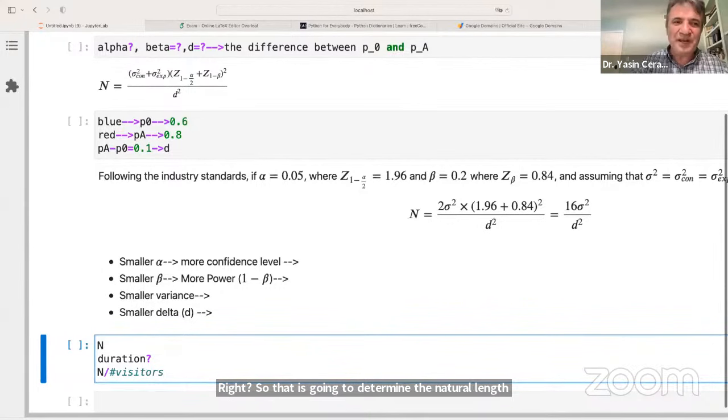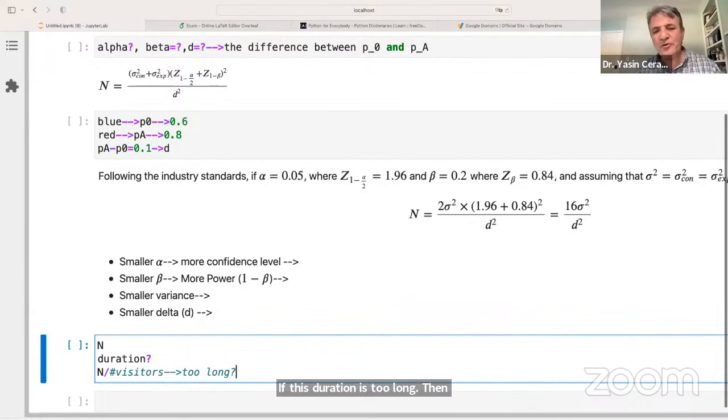If this duration is too long, you are going to lose the impact of the experiment, because people get accustomed to the change, so you will not see the impact clearly. If the length is too long and your number of visitors is limited, then maybe you should go back, make some changes on alpha, beta, or D values, and select an appropriate N value.